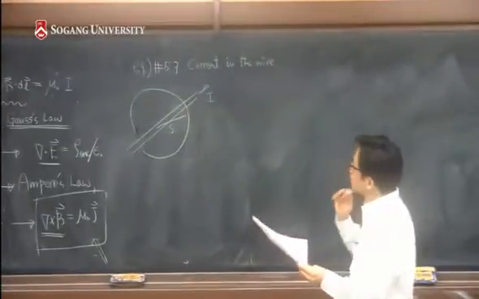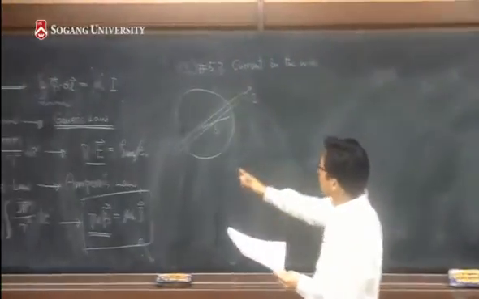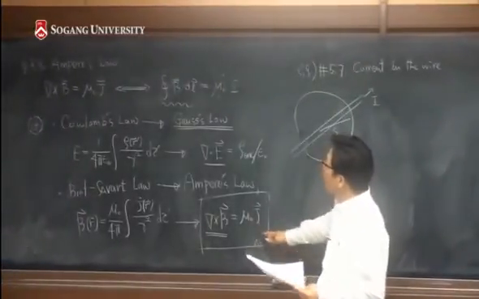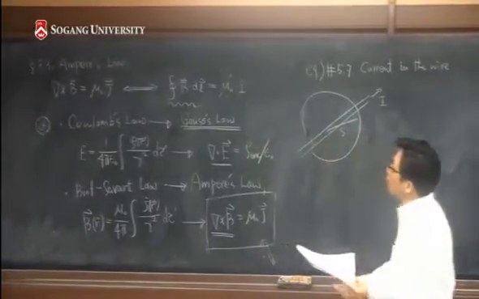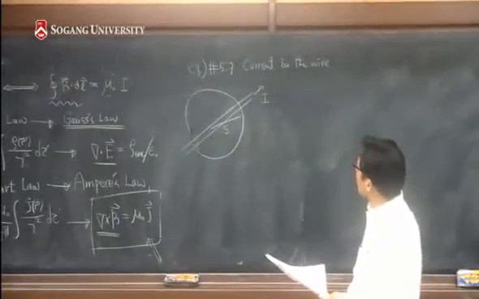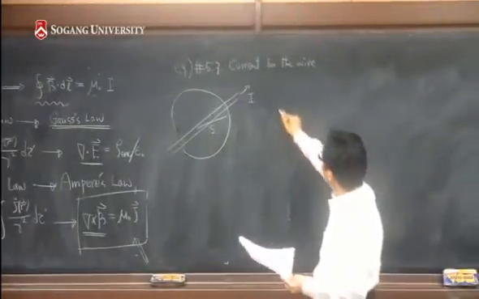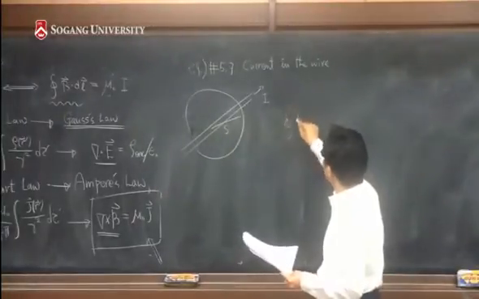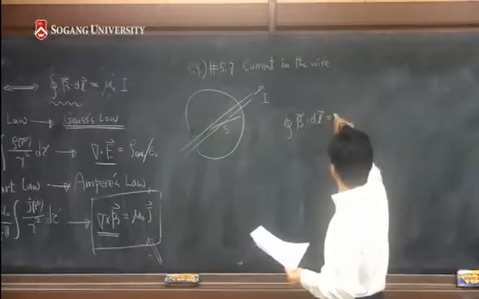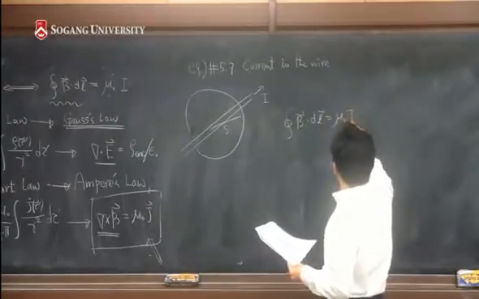For that, we can use either the differential form or the integrated form of Ampere's law, in a way that if we apply the integrated form, it will be this times mu 0 I enclosed. Okay?